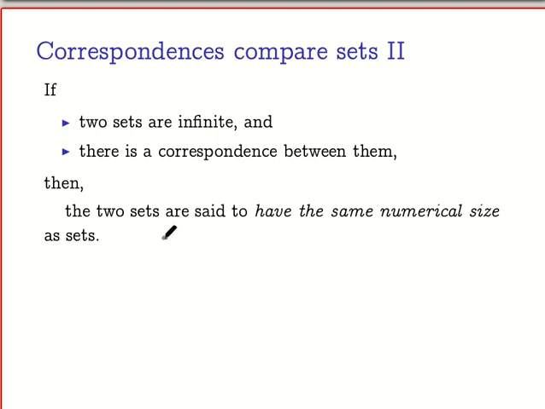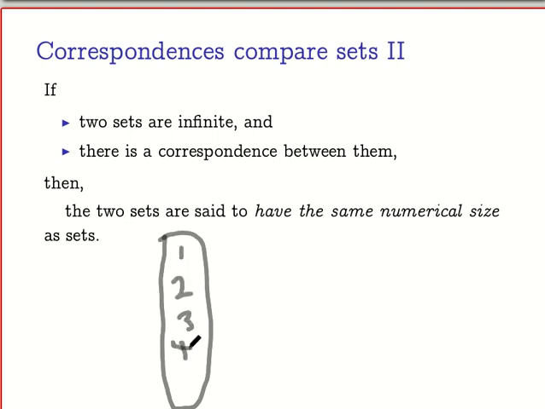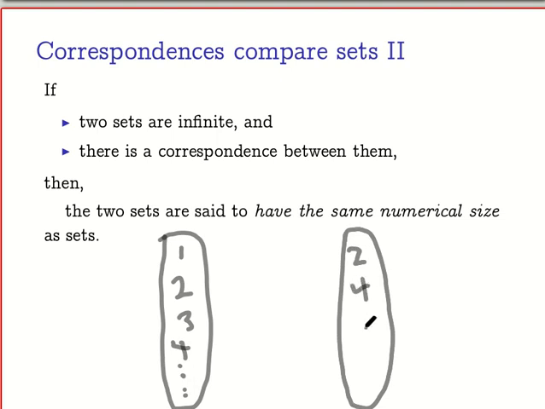For example, let's consider the infinite set of all the integers, 1, 2, 3, 4, and so on, and the set of all the even integers, 2, 4, 6, 8, and so on. I can pair each element here with the number that's twice its size.